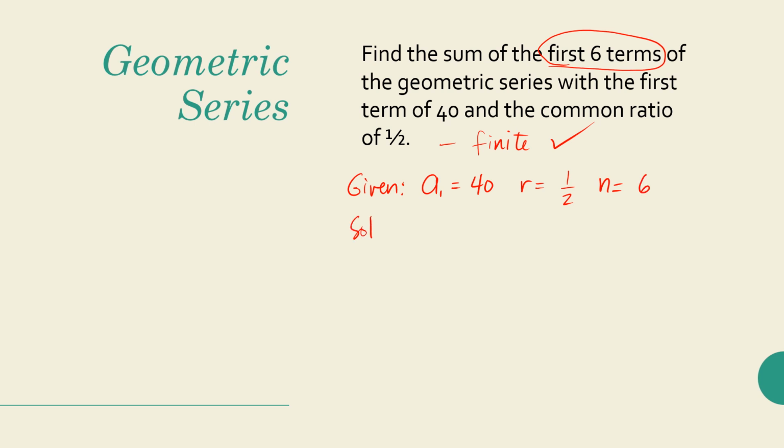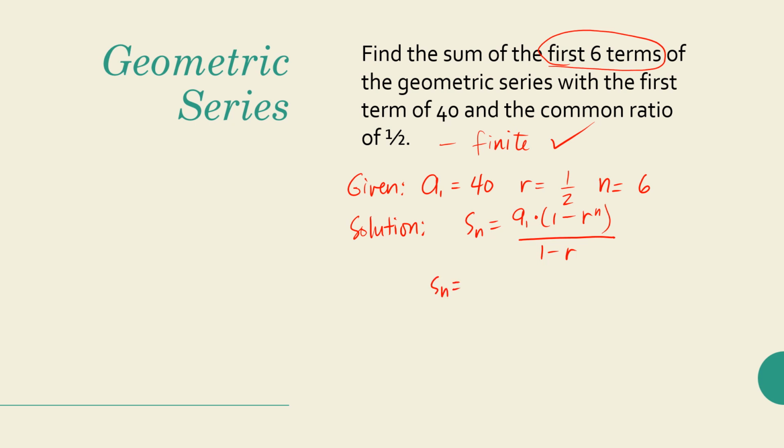So our solution here is S sub n is equal to a sub 1 times 1 minus r raised to n over 1 minus r.